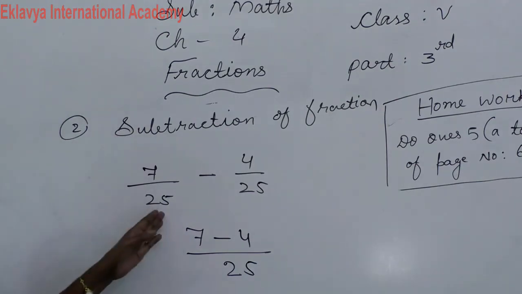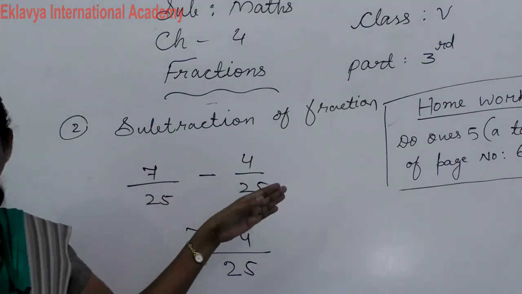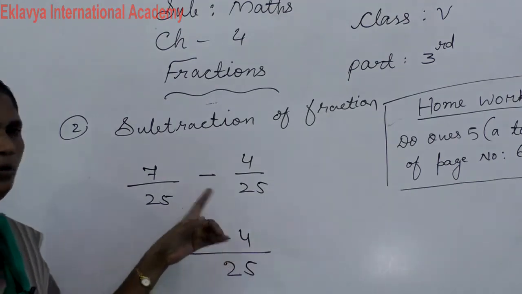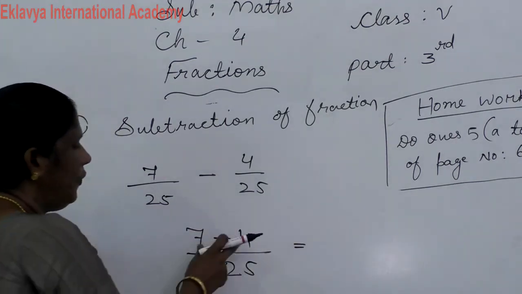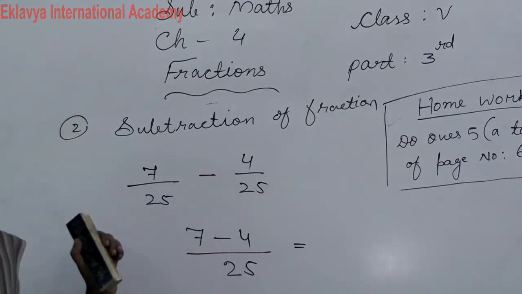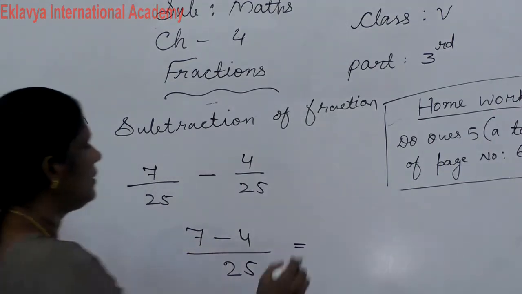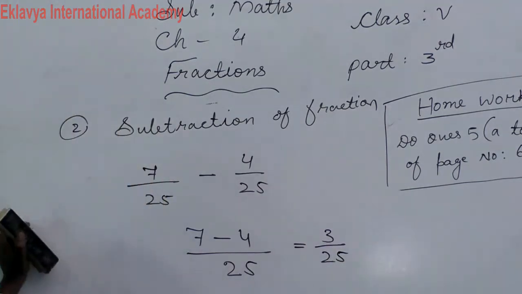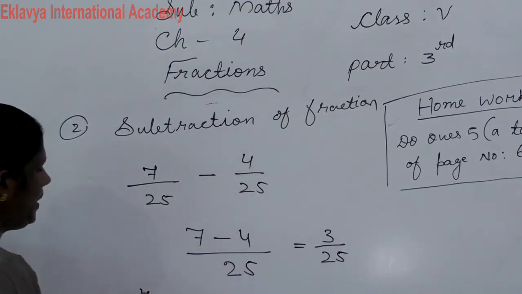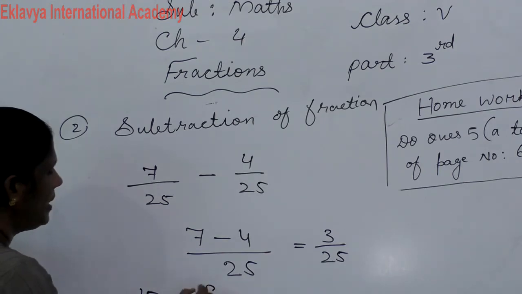We don't subtract the denominator, only the numerator. What is your answer? 4 taken away from 7 is 3 by 25.